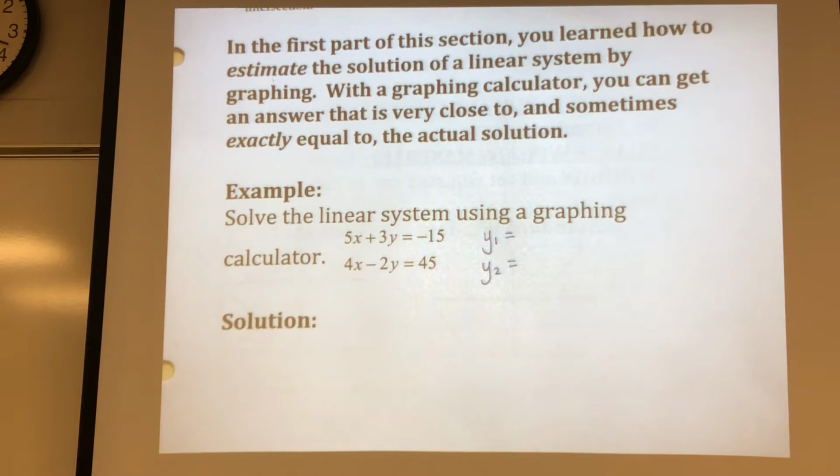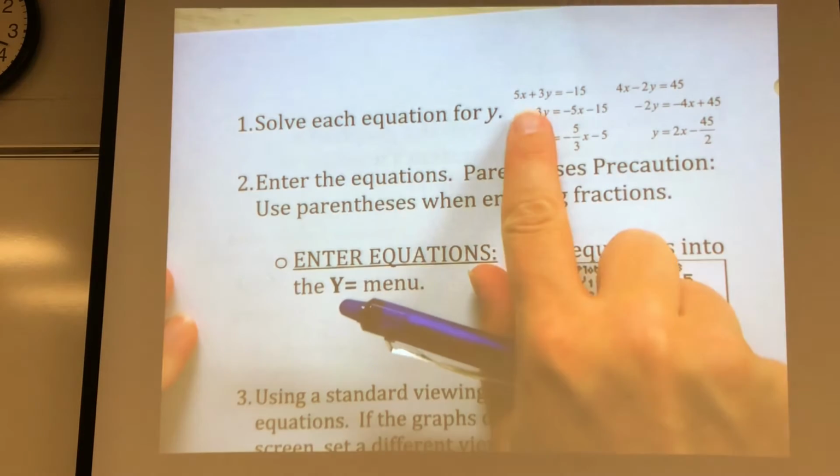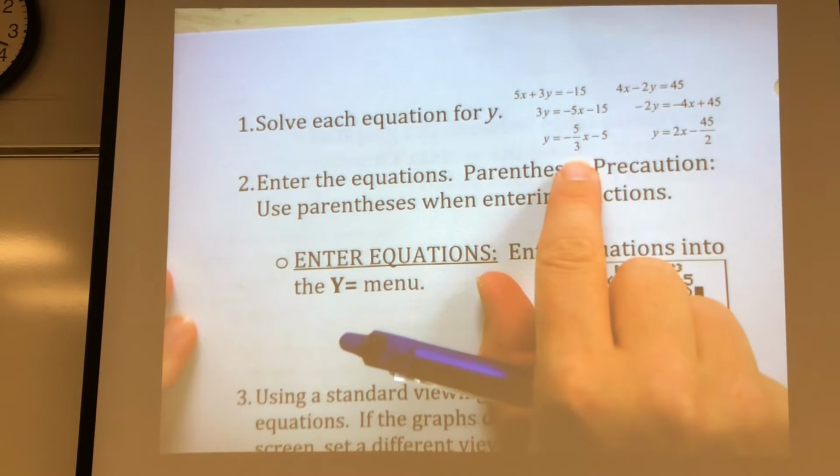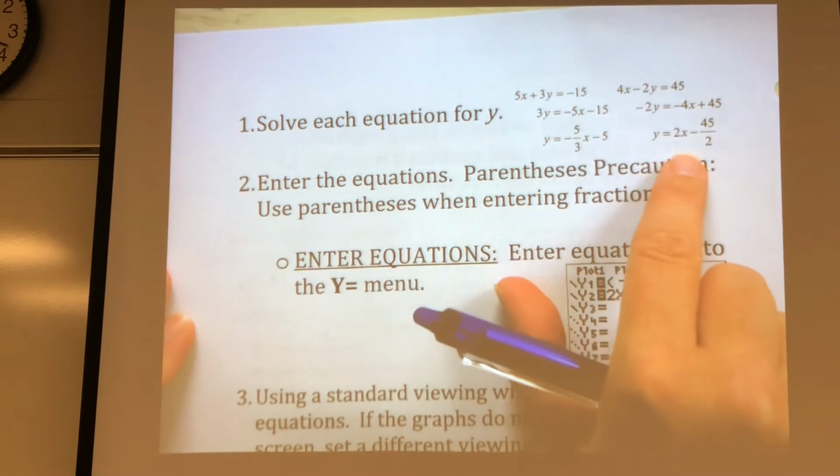Now that work has already been done for you on your paper, but in future cases you'll have to do that yourself, where we subtract the 5x and then divide by 3 to get that first one to have a y by itself. Subtract the 4x, divide by -2 to have the second one have the y by itself.